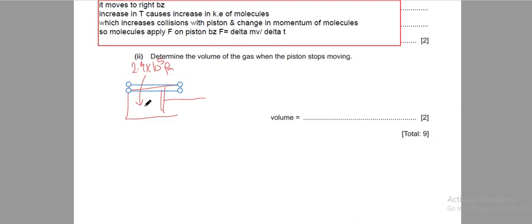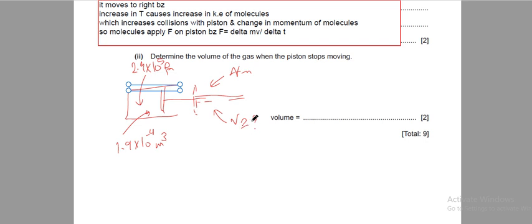Okay, here is the volume, in meters cubed. After expansion, the temperature was constant and the piston in its new position was at atmospheric pressure, and we need V2.